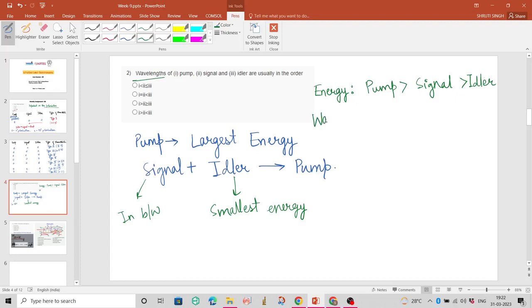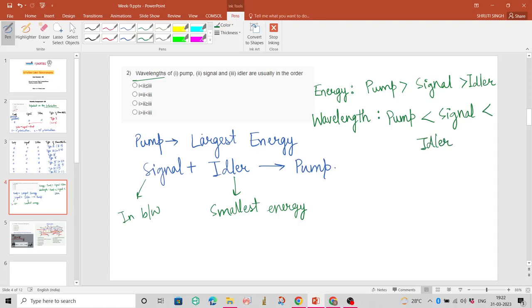So for wavelength, we will have pump least, then the signal, and then the idler.